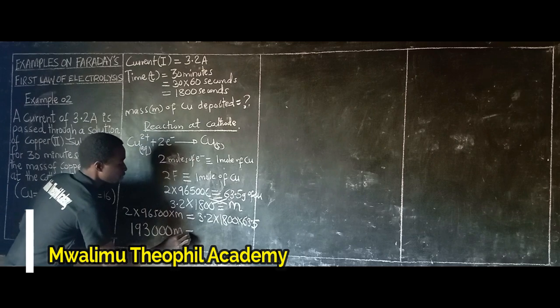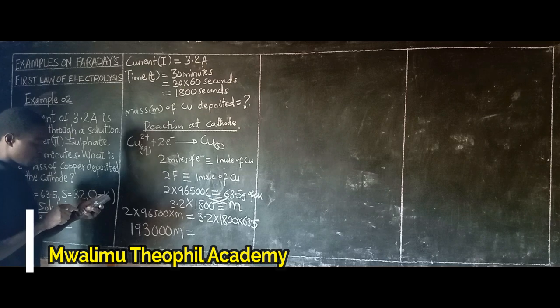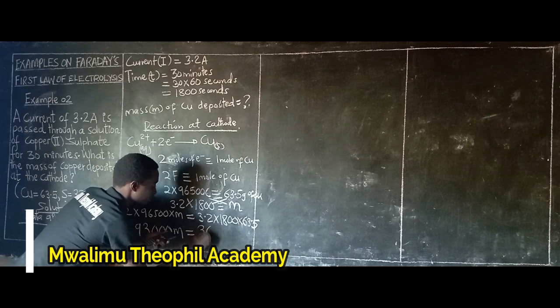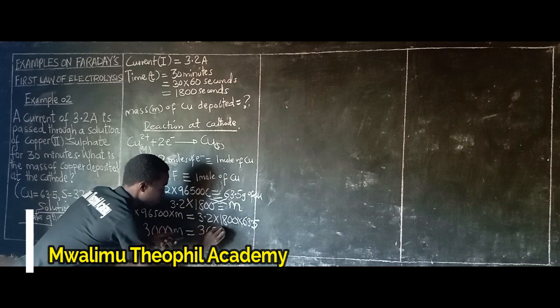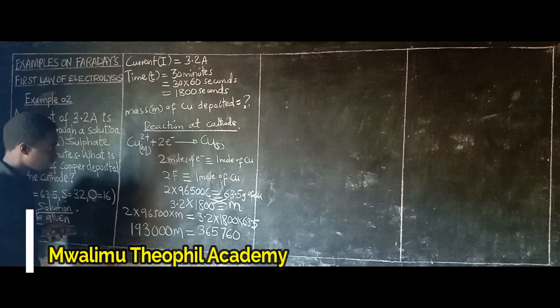Now this value will be equal to 3.2 times 1,800 times 63.5. When you multiply this, you get 365,760. This is the answer we get on the right hand side.